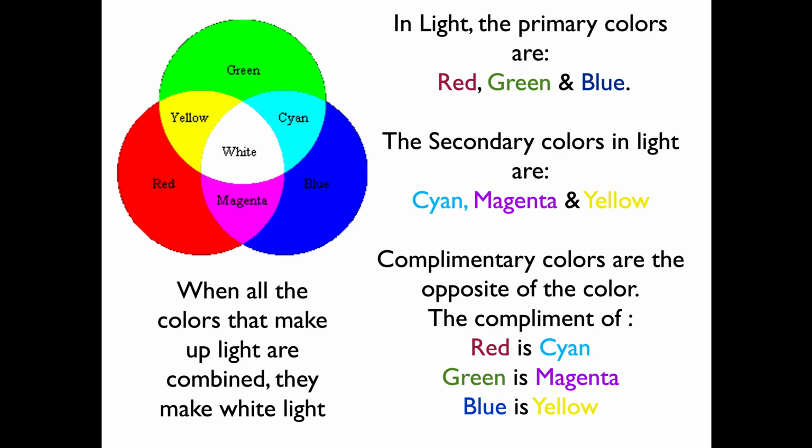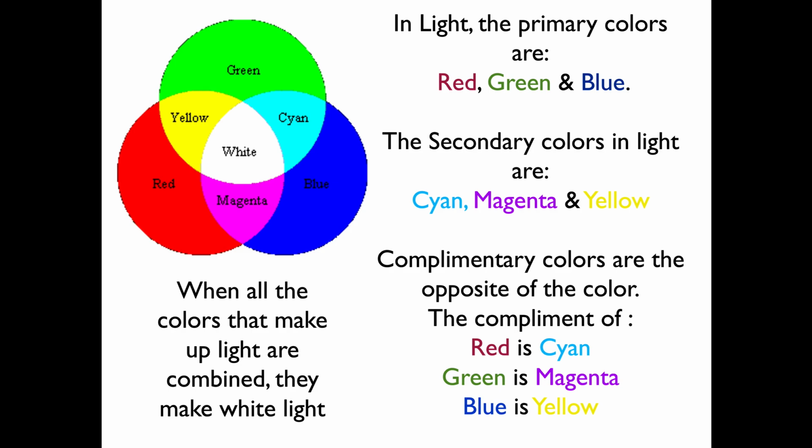In order to do color correction in any app, you should know something about the primary colors of light, and they are different than they are in paint. In paint, which you probably learned in grade school or in other art classes, the primary colors are yellow, red, and blue. But in photography and in light, the primary colors are red, green, and blue.